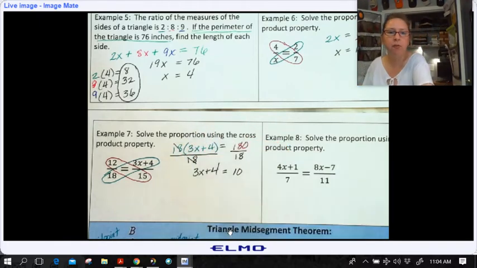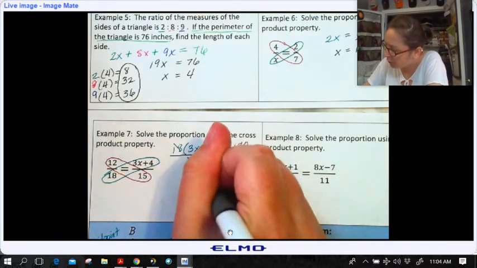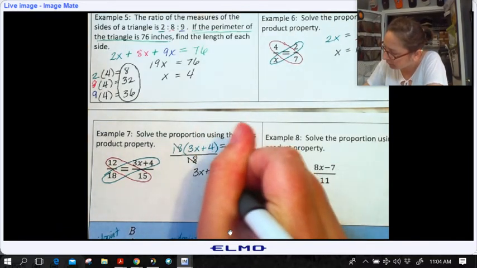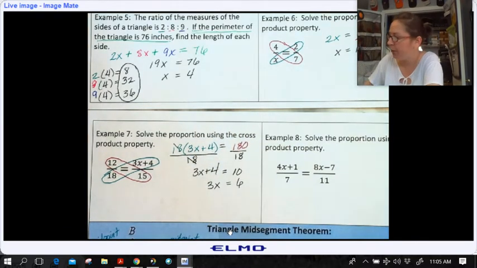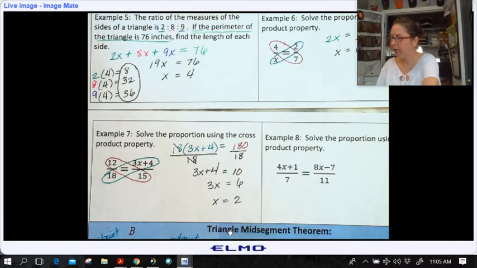And then let's just finish solving this normal equation. Subtract 4 from both sides, and then divide by 3. And so x equals 2 in this case. X equals 2.